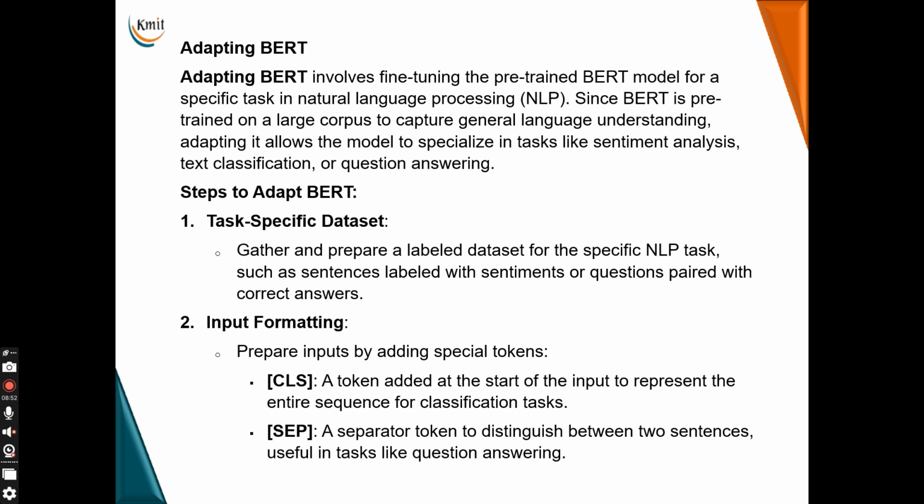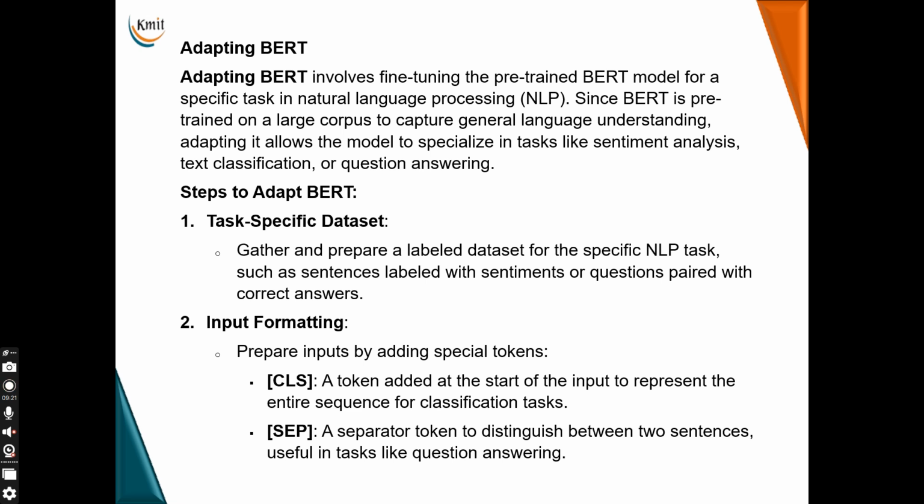Then input formatting. Prepare the inputs by adding special tokens. Whenever you are working with input data to perform a specific task, special tokens like CLS. This is a token which can be added at the beginning of the input in order to represent the sequence which is used for classification tasks.